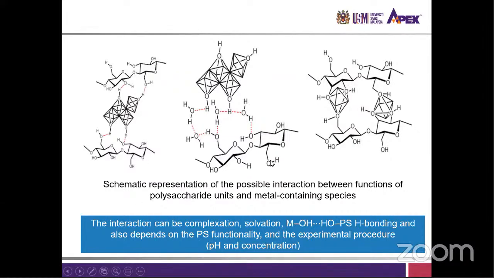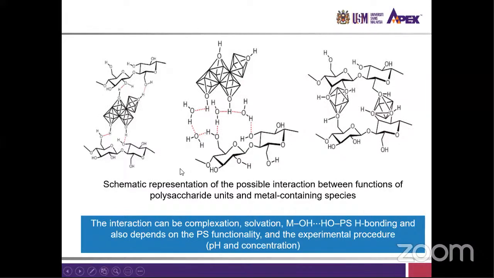From this schematic diagram, you can see it represents the possible interactions between the functional groups of the polysaccharide units here and also the metal-containing species.